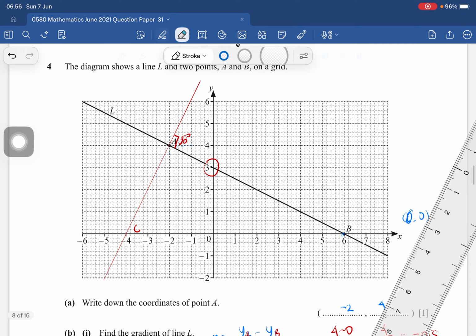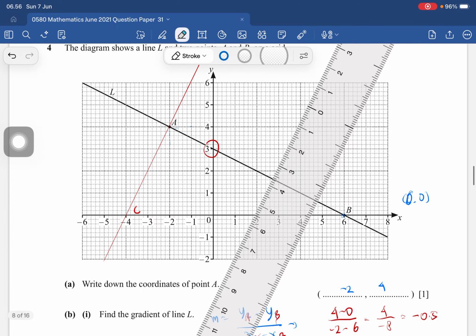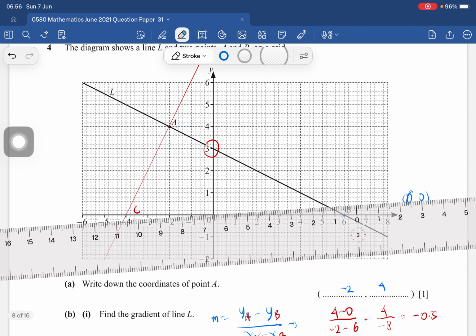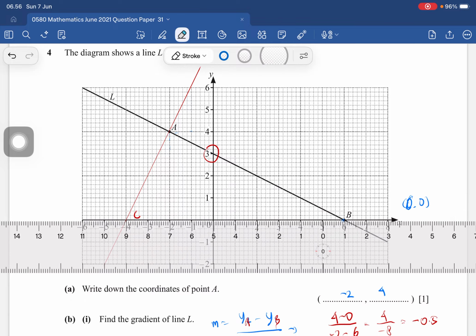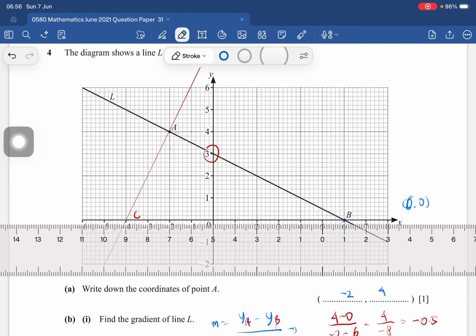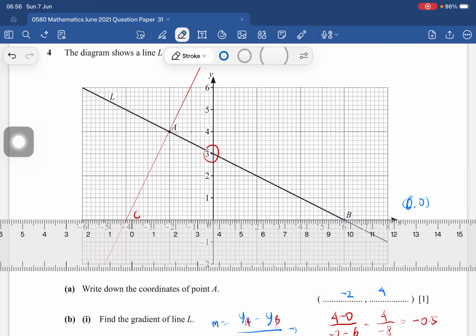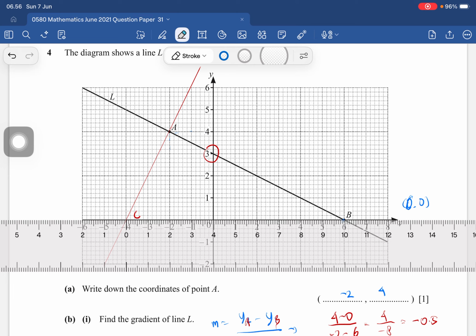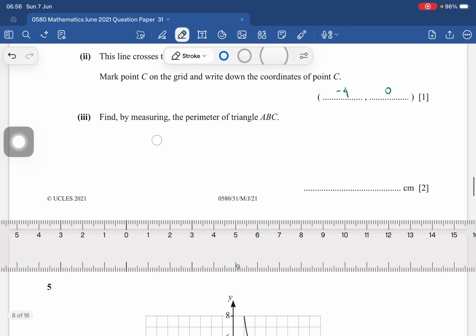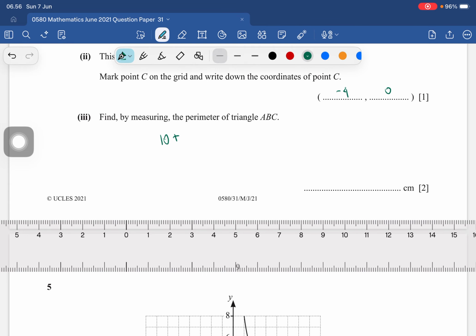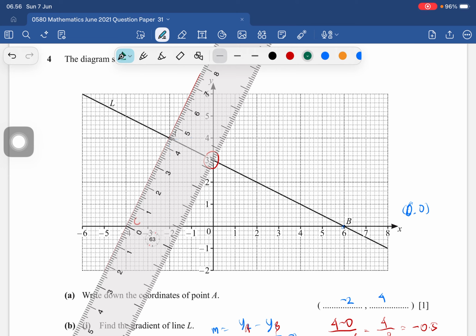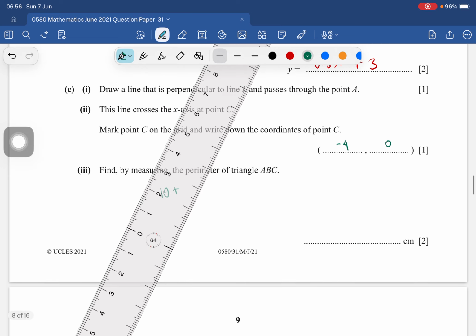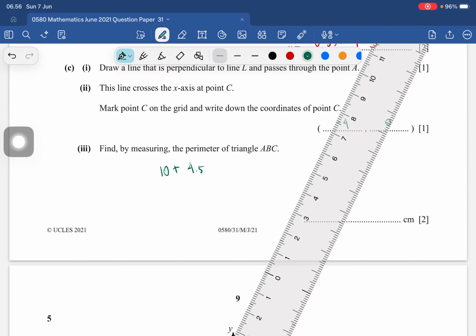Find, by measuring, the perimeter of the triangle ABC. We have ABC here. First, the side is 10. Then we measure the next side, which is 4.5.